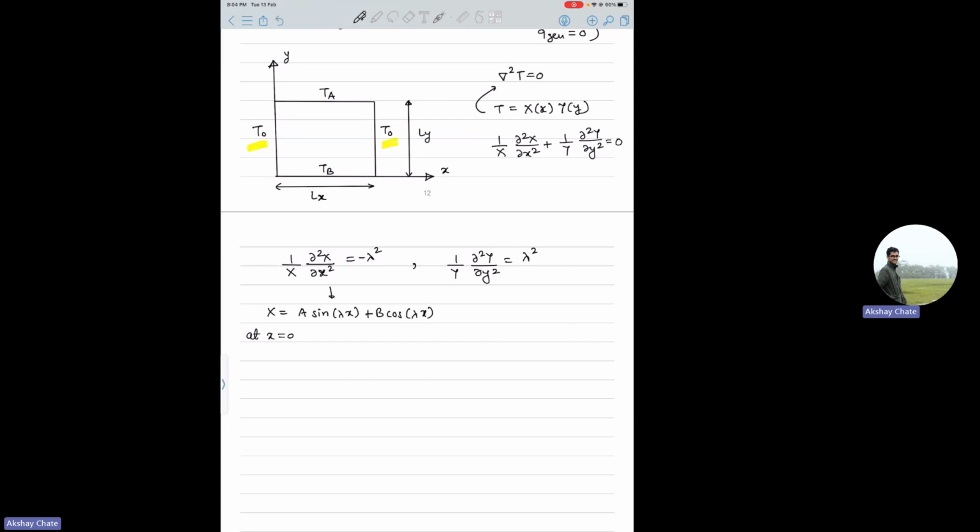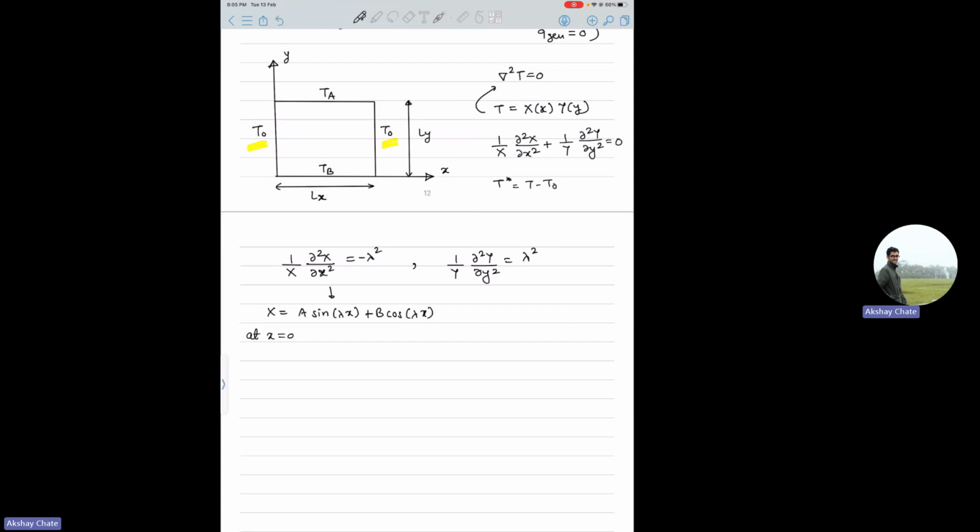So basically one of these A and B goes to 0. That's what happens. Before going there, what you typically do is you non-dimensionalize the temperature. What I mean by that is you put some T star as T minus T0.